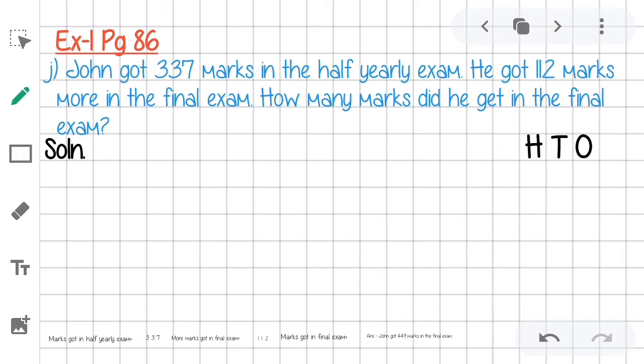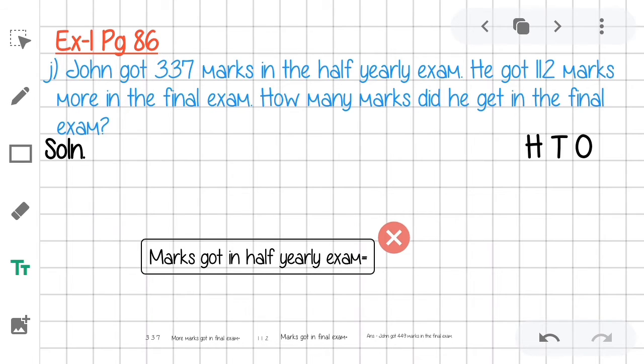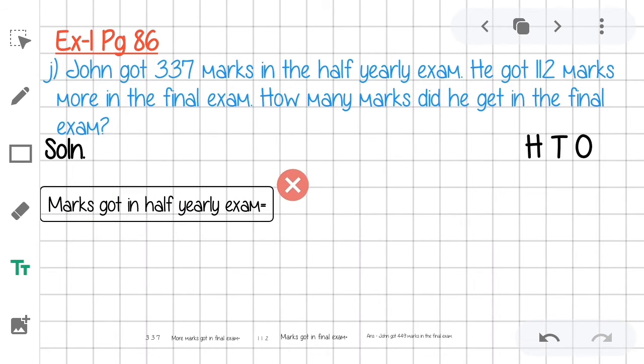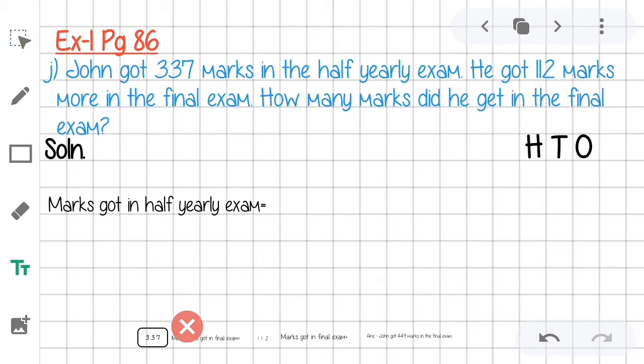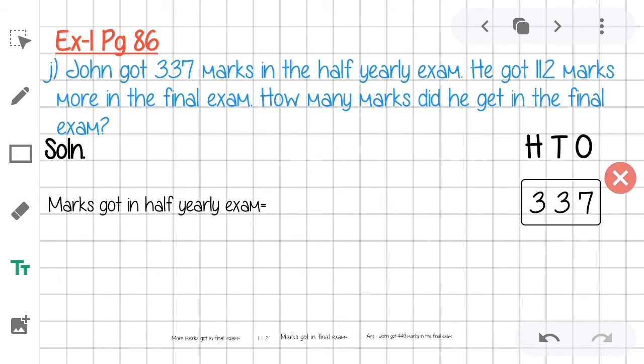Here we can see John has scored 337 marks in the half yearly exam. So the first step will be: marks got in half yearly exam, that is equal to 337. We will place 337 in the last three blocks below the H, T and O columns. Okay. Now the next step will be for 112.